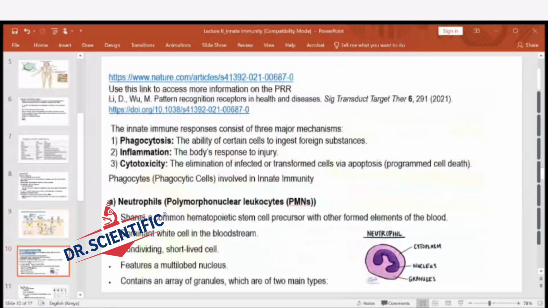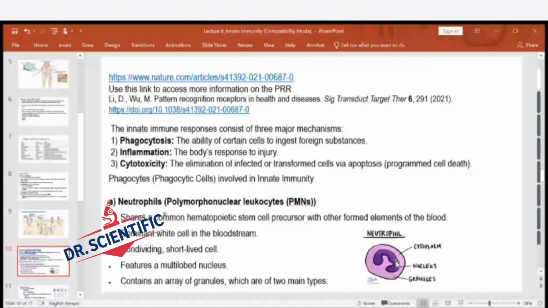So the phagocytes that are involved in the innate immune system, the first one being neutrophils. We commonly refer to them as polymorphonuclear leukocytes or PMNs. We are able to tell them because of how the lobed nucleus looks.